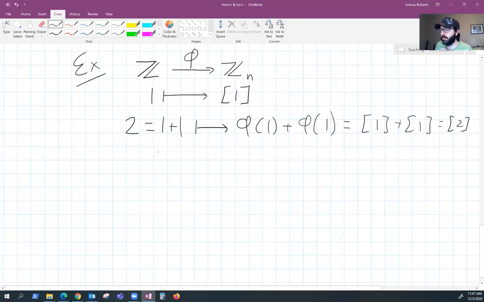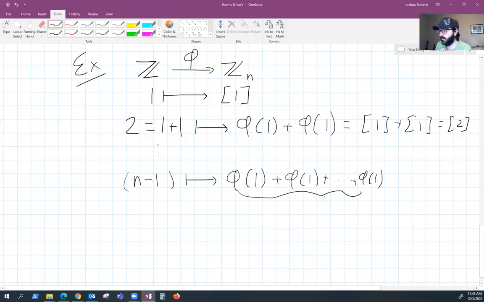You can play that same game until you see where n minus 1 gets mapped to. That's phi of 1 plus phi of 1 and so on, with n minus 1 additions, and that works out to be the class of n minus 1.